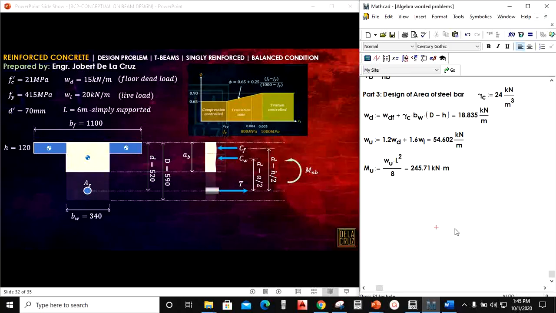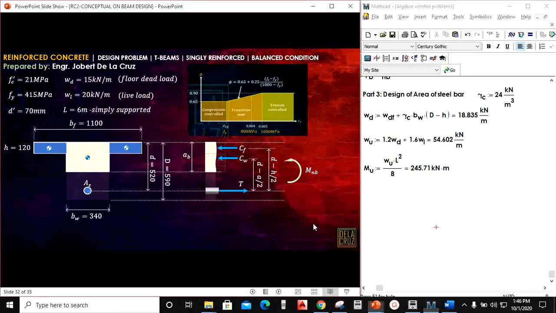Now, anong gagawin natin? Ibang type of solution ito compare sa rectangle. Okay, so ang gagawin ko, we are not still assured if yung A natin or the effective depth of the concrete is o lumagpas ba siya sa beam width dito or andito lang sa flange natin. So what will I do is I will check the capacity of the flange.